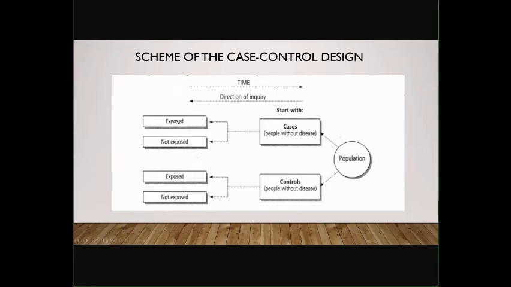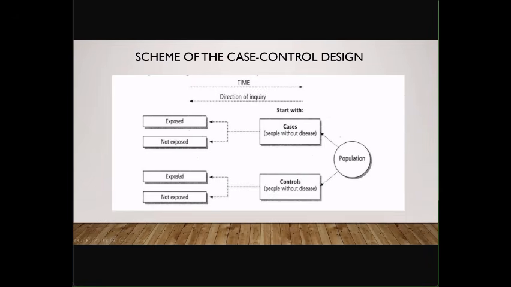So we go back among these cases in history over time, ask them about their exposure and non-exposure to tobacco. The same thing we do about a similar comparison group.